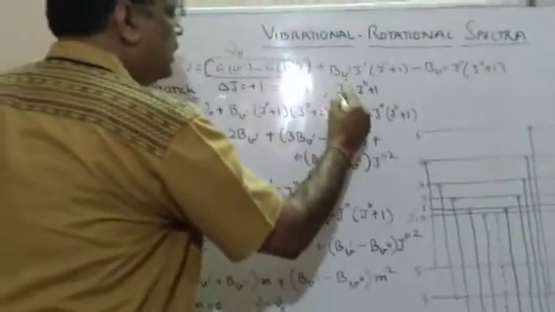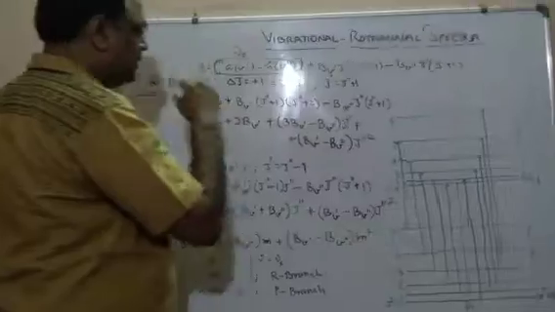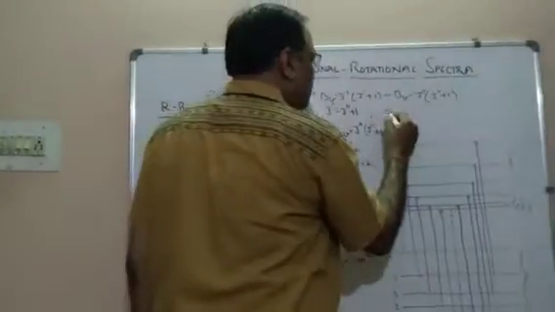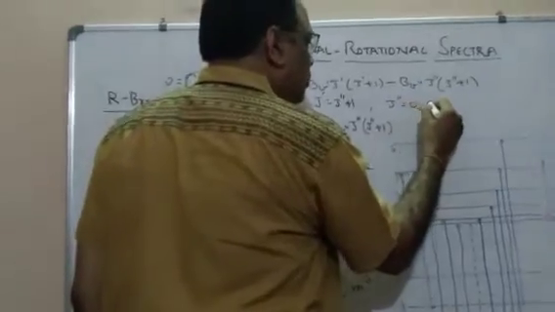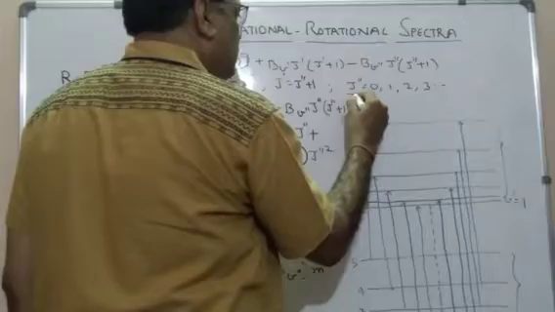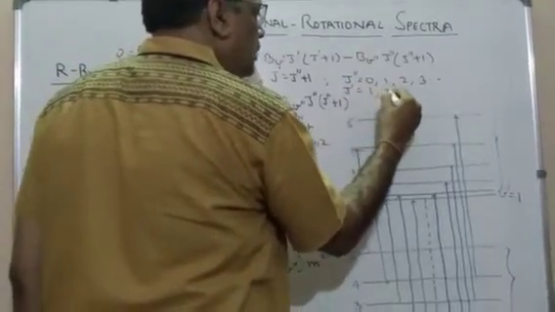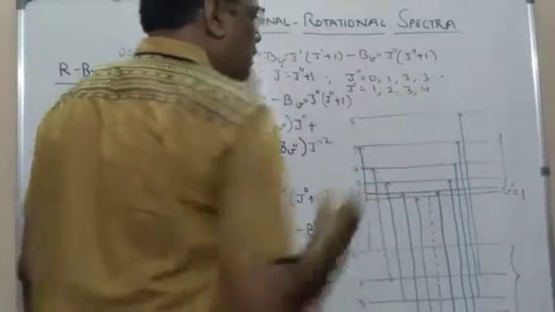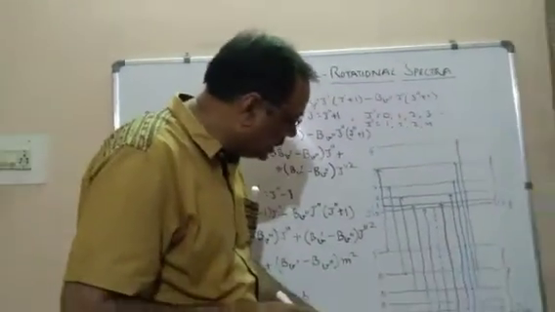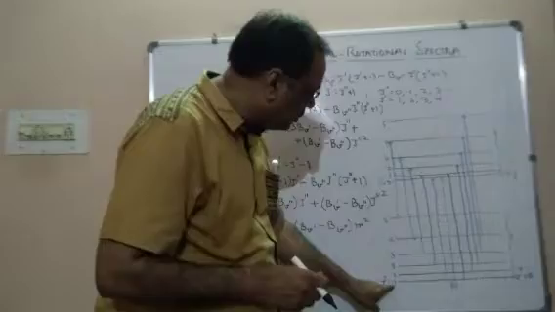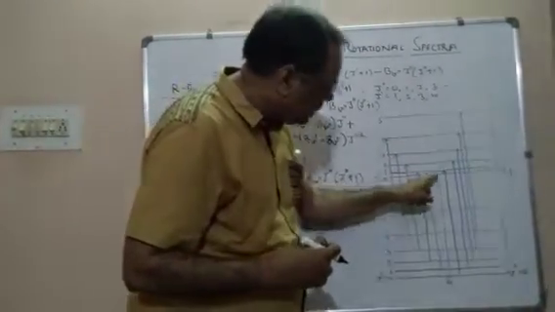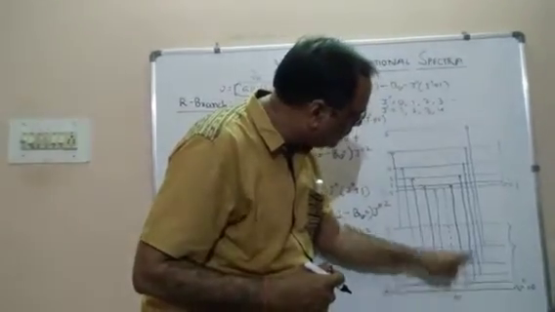So here J prime equal to J double prime plus 1, it means we will get the R branch. If we take the values of J double prime from 0, 1, 2, 3, we will get J prime as 1, 2, 3, 4. It means we have to take the transitions from J double prime 0 to the next higher level, it will go from 0 to 1.